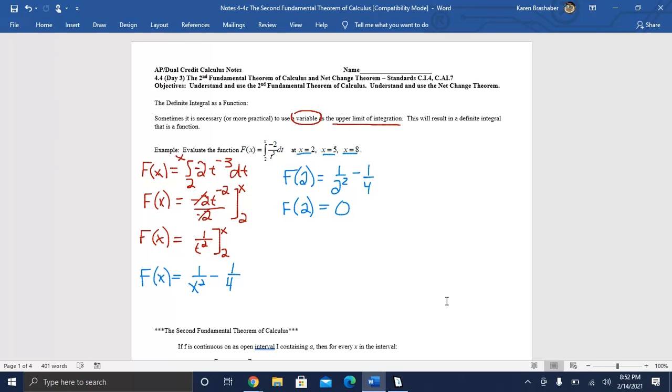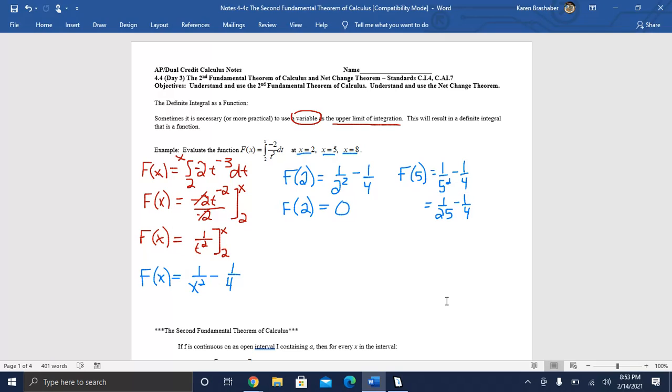You have another one, f of 5. And so for that, we would plug in 5. So 1 over 5 to the second power minus 1/4. So just a little bit more work with that. That would be 1 over 25 minus 1/4.